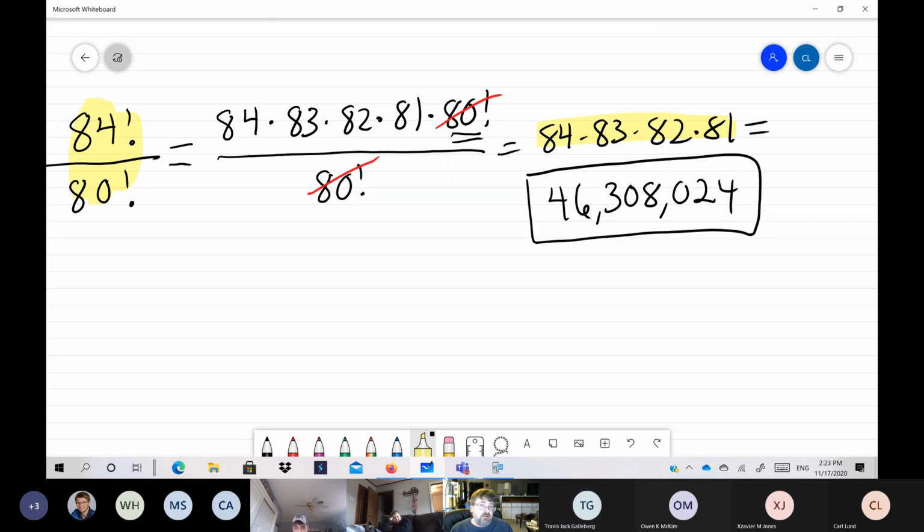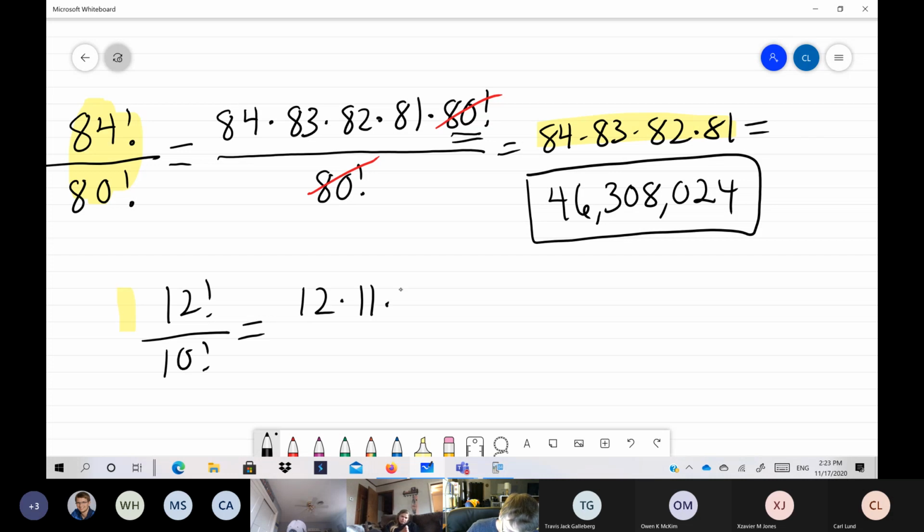Any questions about how to solve division problems like this involving factorials? Again, for small ones, you could definitely use your calculator, but sometimes there's no need to. Sometimes for a small one, like 12 factorial divided by 10 factorial, it's really probably almost faster, or maybe faster, to do it by hand.